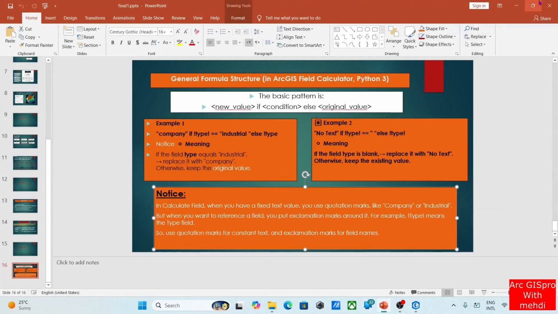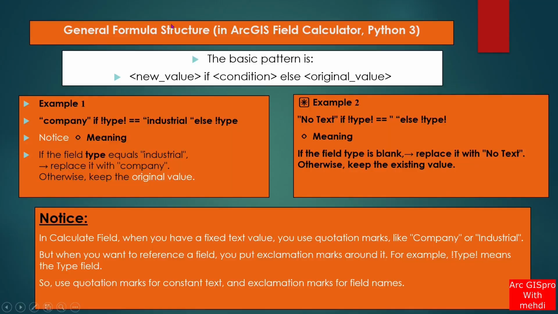But I'm going to explain a little bit more about the difference between exclamation and quotation in the field calculator. In a formula structure in the field calculator, we use the exclamation to refer to a specific field, and we use the quotation to refer to a specific text value in the attribute table.